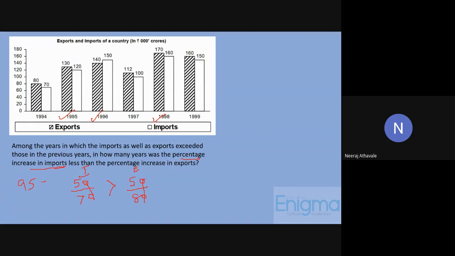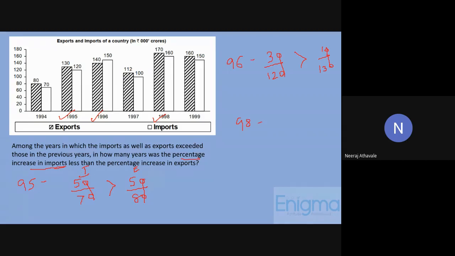Let's see for 96. What will it be for 96? 30 upon 120 and 10 upon 130. You can see here, this is also greater. The imports percentage is greater.